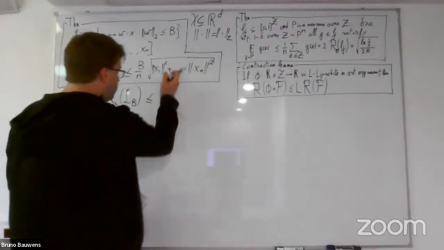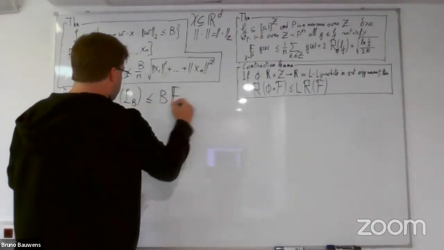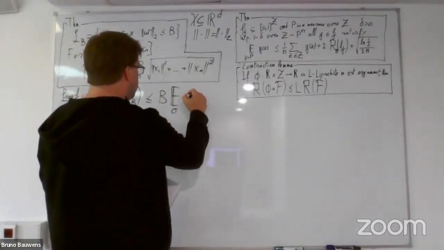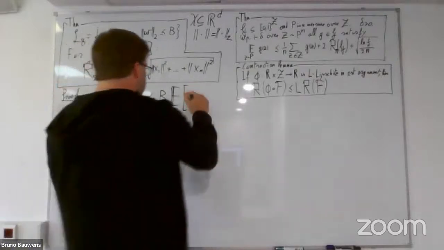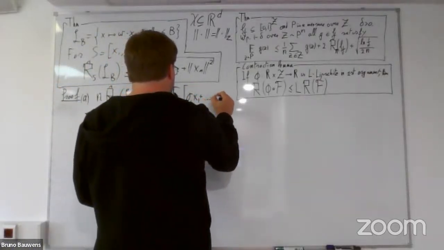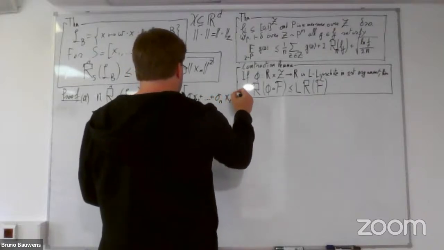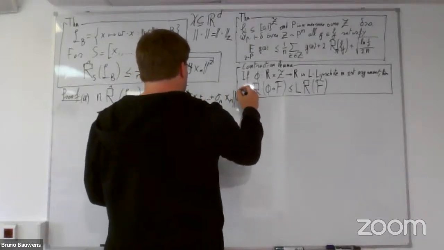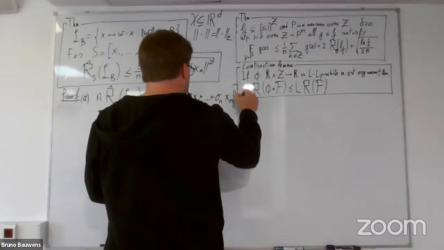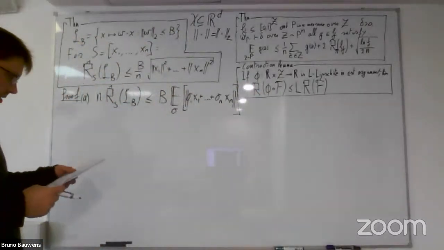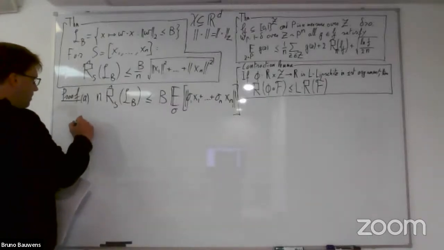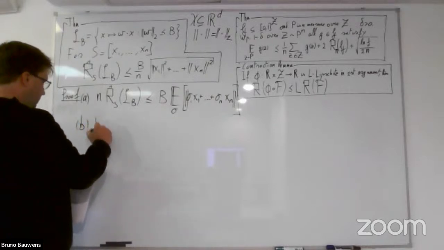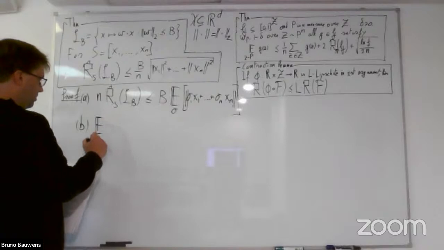Oh, sorry, I'm saying nonsense. We will take the expected value and look at sigma_1 x_1 + ... + sigma_n x_n. And we want to have the norm of this thing. Note that there is no square in the norm. And in step B, we will look at the same expectation, but with the norm squared.